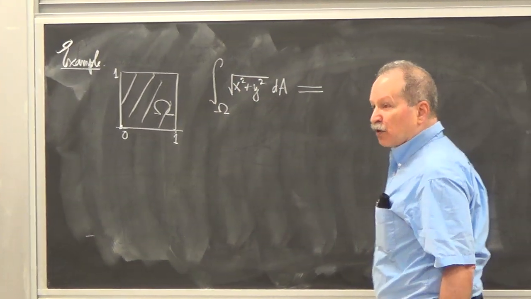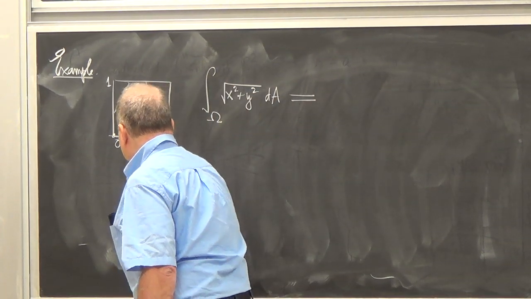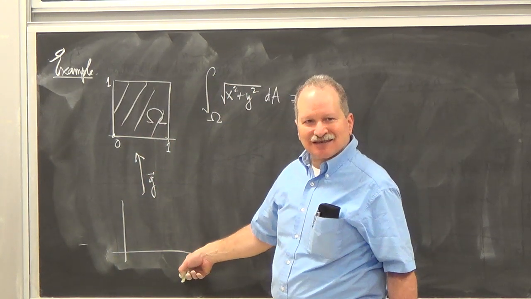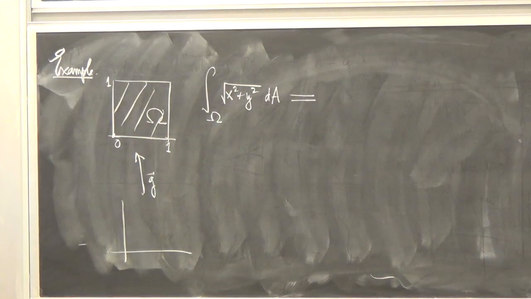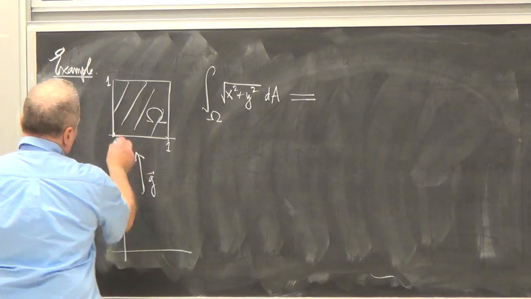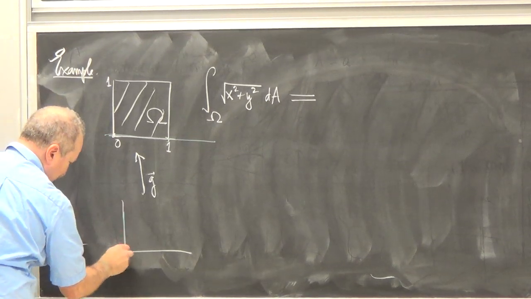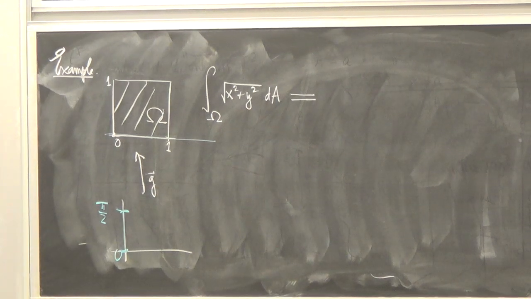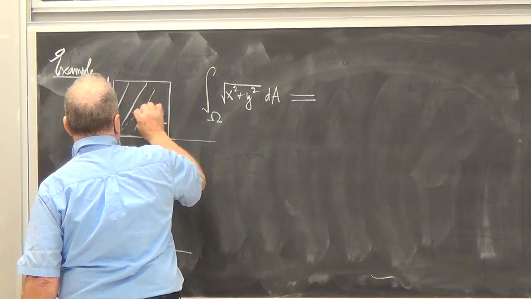So converting to polar, I've got to first of all ask myself what region S in polar space. Theta goes from 0 to pi over 2, because theta is 0 there, and you go around to pi over 2. And then it's easier breaking in half to find how r goes.